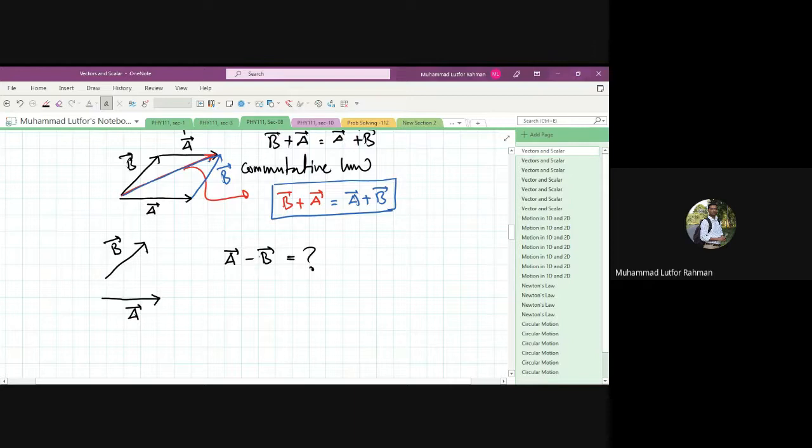What would that be? What do you think? Should we introduce one more law to find the subtraction of two vectors?